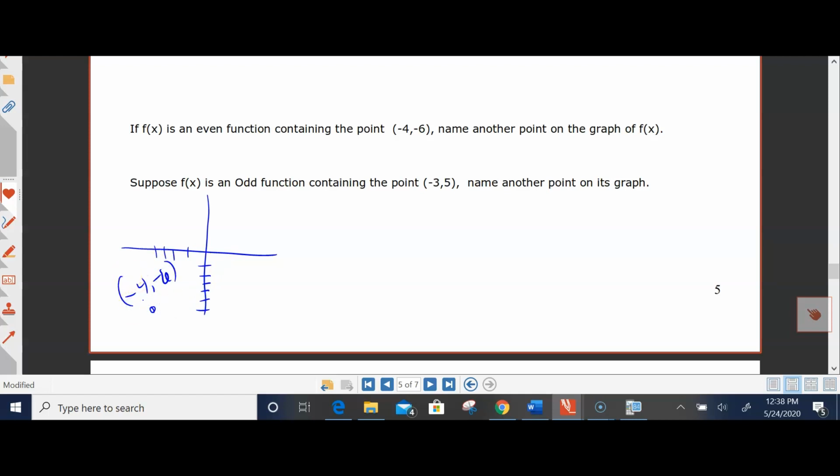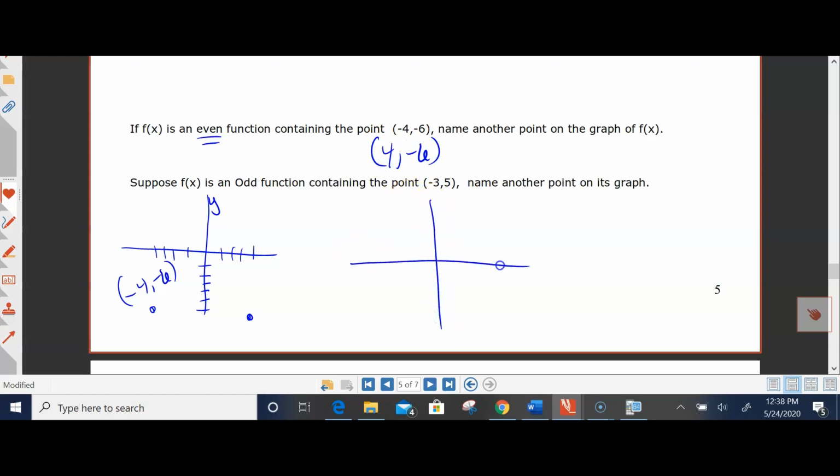And if the symmetry is across the y-axis, because it's an even function, I would have another point on this side that would match him. What would this point be? (4, -6). See if you can figure out this other one.